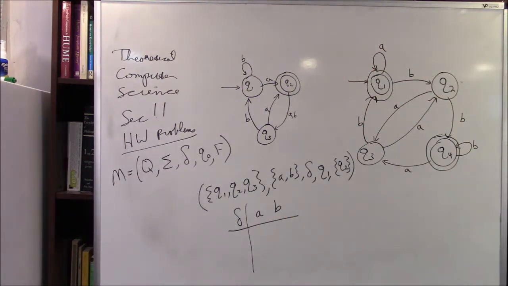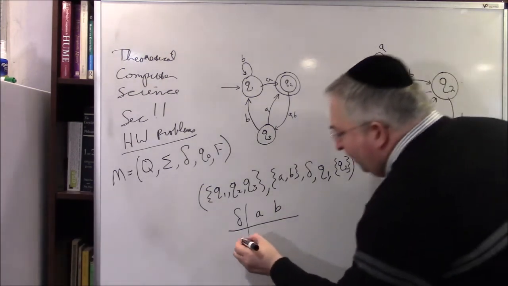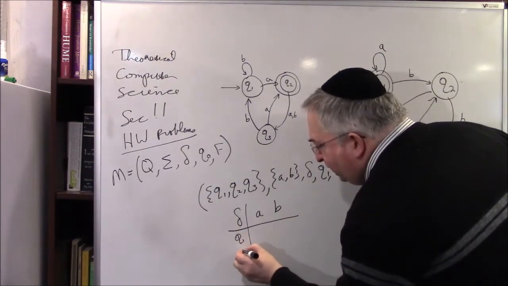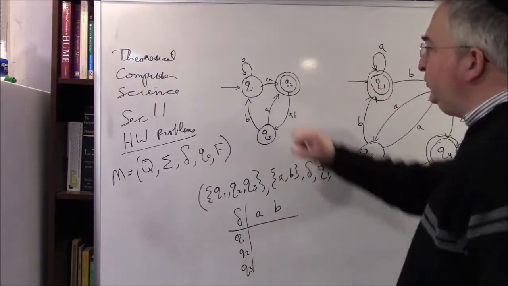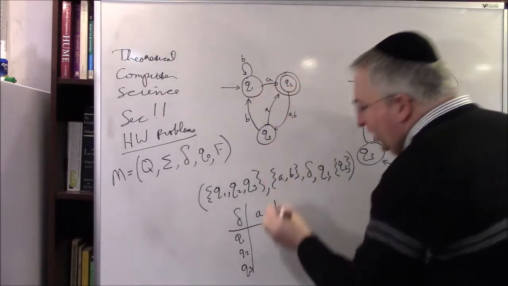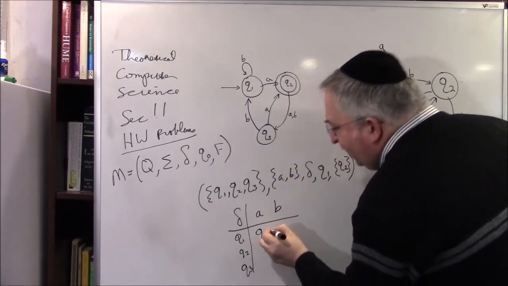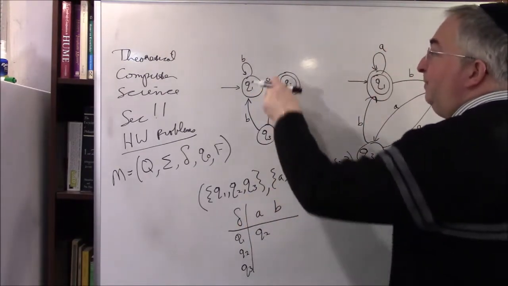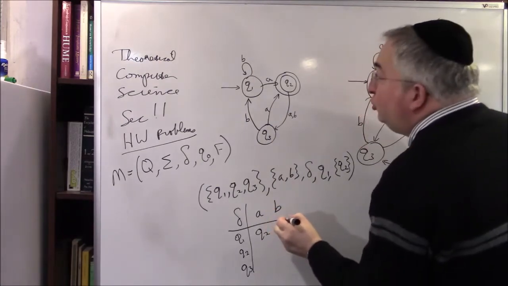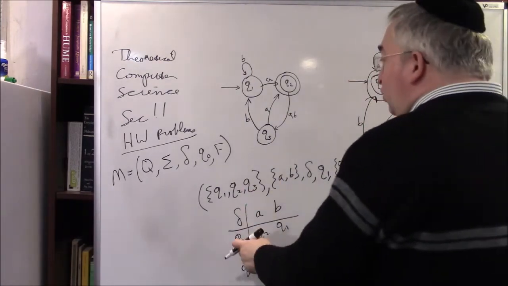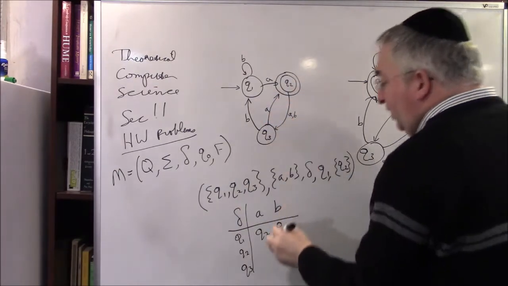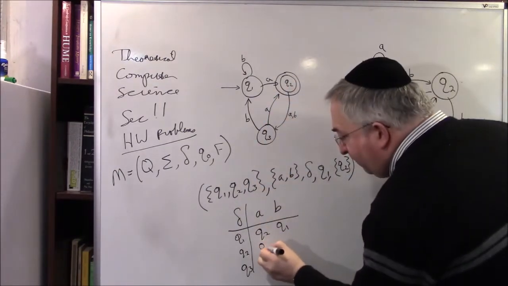Make sure that you can see this. Okay, you can see this, that's good. Let's just do it. You're in Q1, you're in Q2, you're in Q3. Let's follow the rules. If you're in Q1 and you see an A, you go to Q2. If you're in Q1 and you see a B, you stay in Q1. If you're in Q2 and you see an A, you go to Q3.